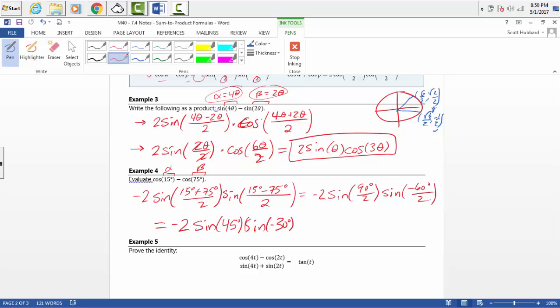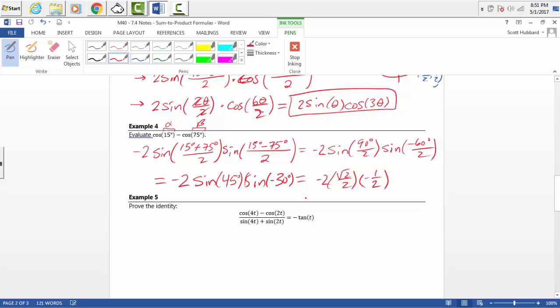So that tells me that this thing is equal to -2 times sine of 45, which is root 2 over 2, times sine of -30, which was -1/2. Okay, and that tells me these can cancel, and these can cancel, and so it just becomes positive root 2 over 2. Like that. Okay.